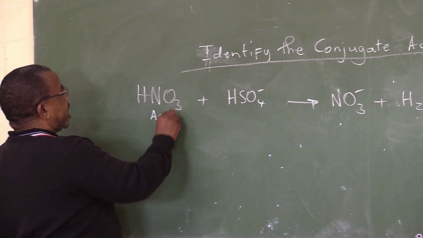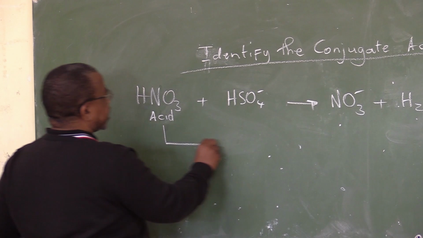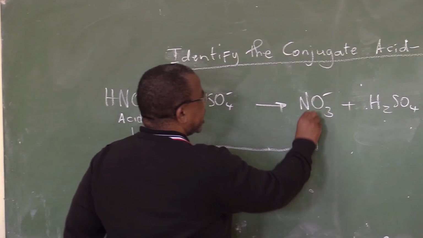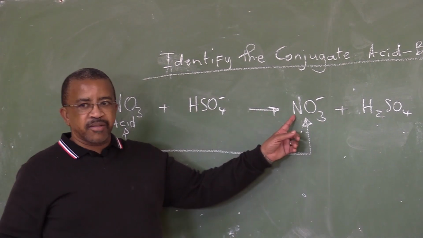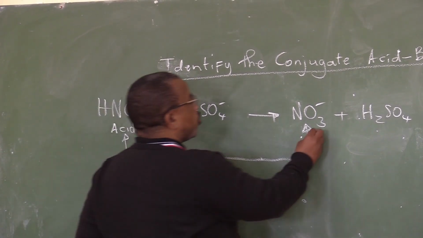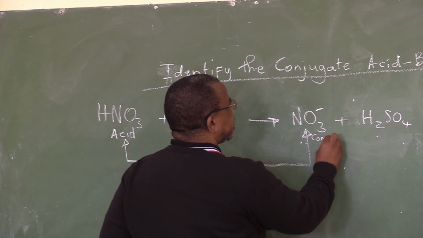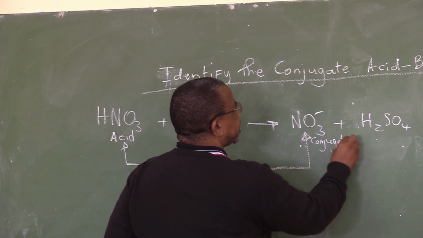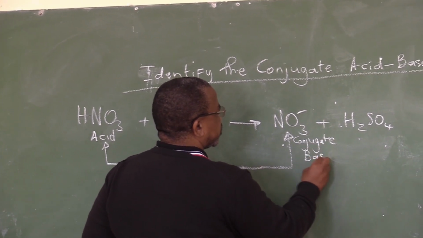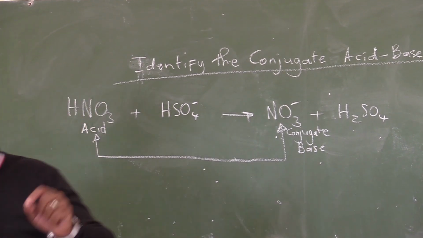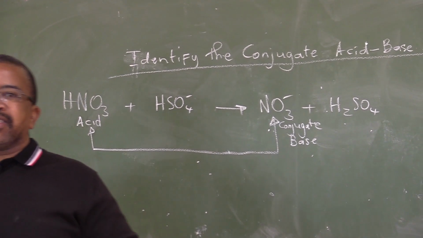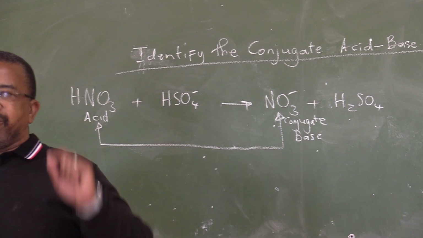This is an acid because an acid is a donor. What did it give us? It gave us NO3 minus, which is the conjugate base. So each time when an acid donates H plus, it forms a conjugate base.